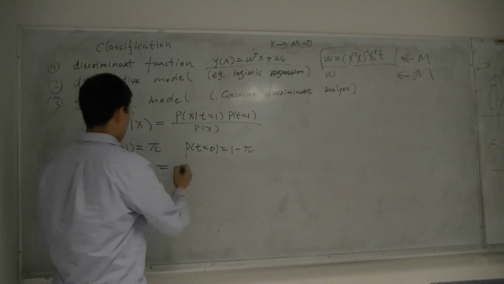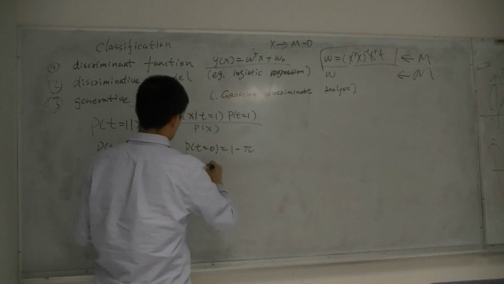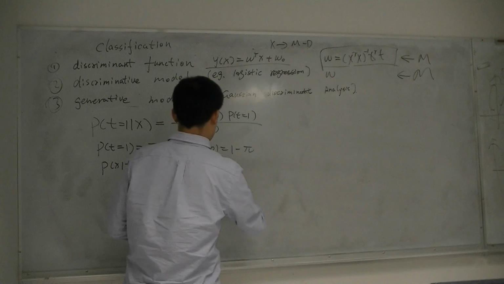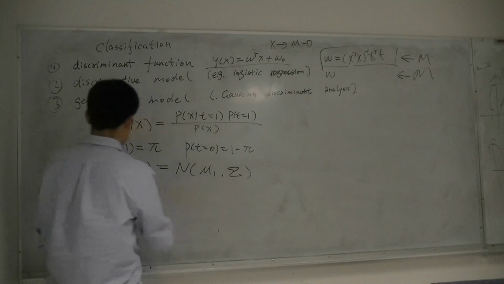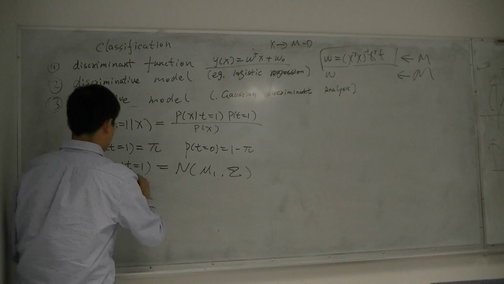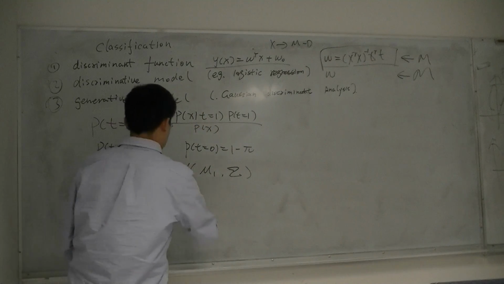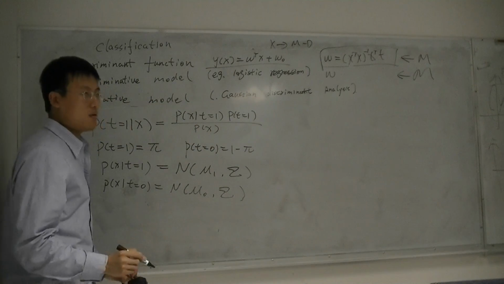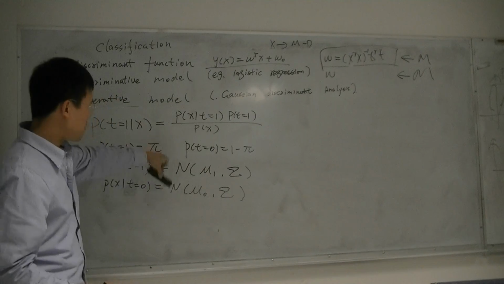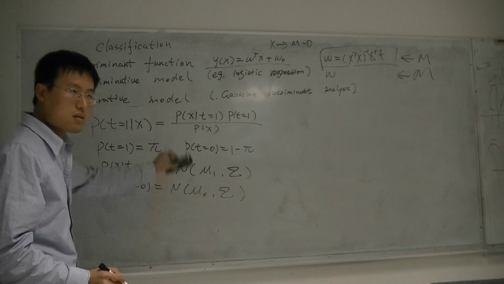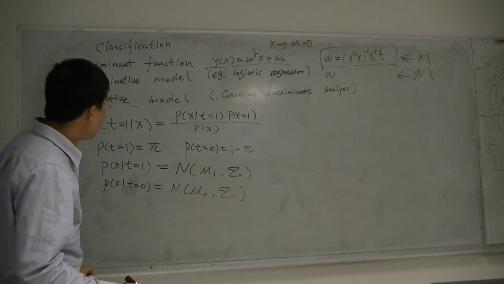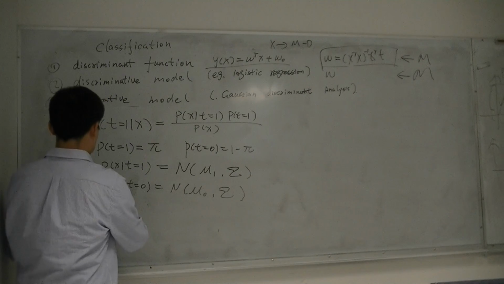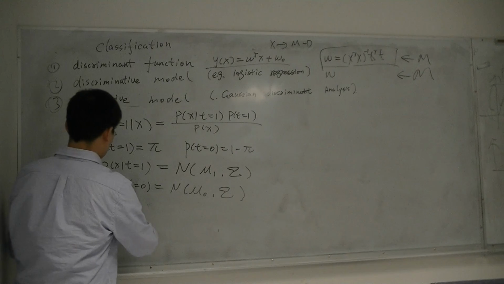So here we suppose it's a multivariate Gaussian, with mean mu1 and covariance matrix sigma in this case, and for t equal to 0, mean mu0. And we suppose both of the Gaussian distributions have the same covariance parameters, otherwise there is no closed form outcome. And in this case, we can write down the likelihood function.